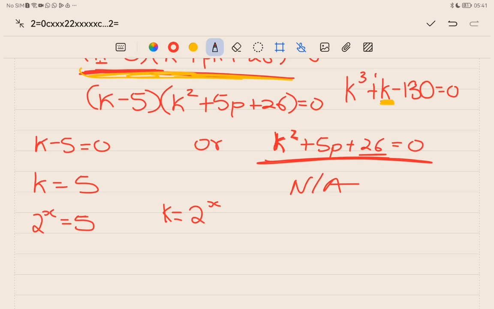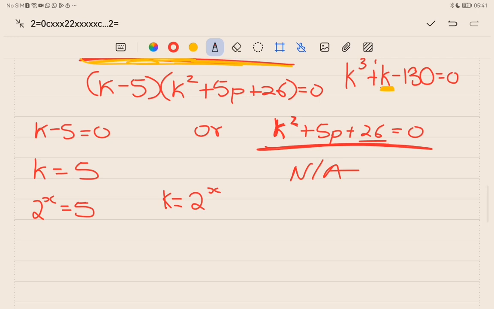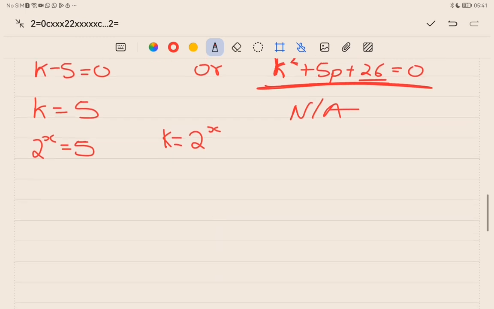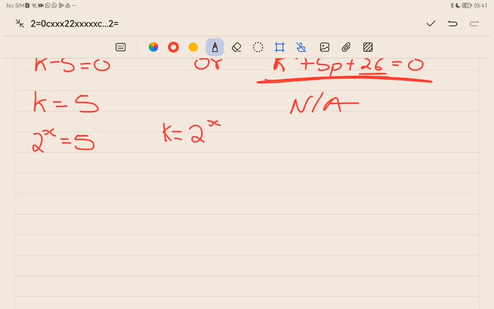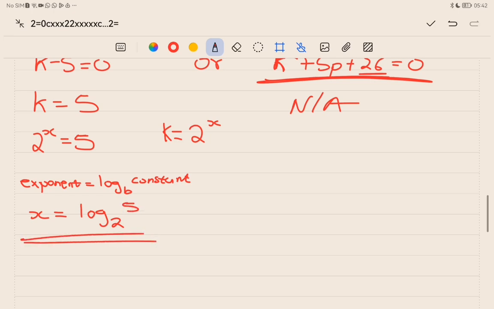Since 5 and 2 are not the same base, we can use a logarithmic equation. How to represent it? You say the exponent is equal to log base, the base is 2, then the constant is 5, and the exponent is x, what we are solving for. So this is your solution.